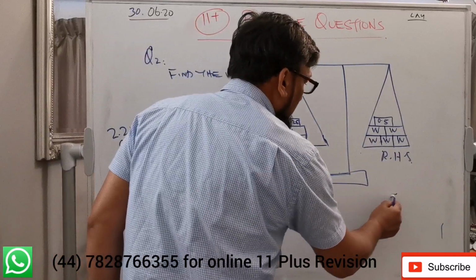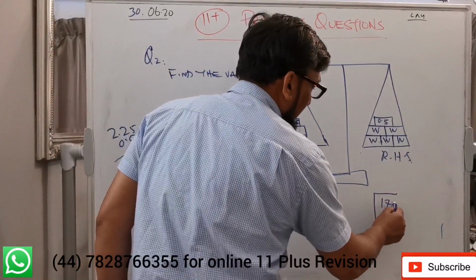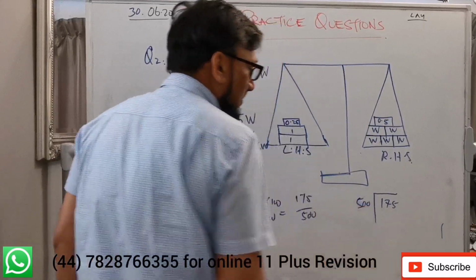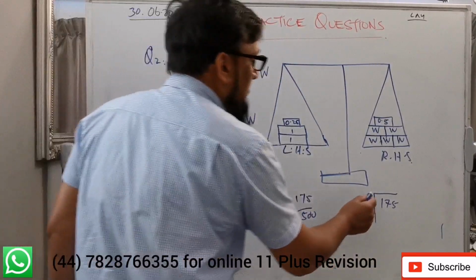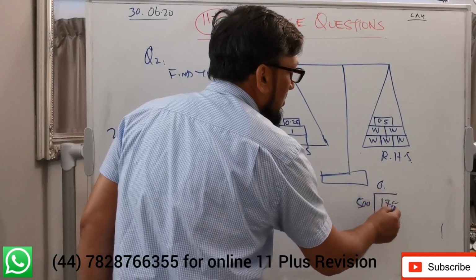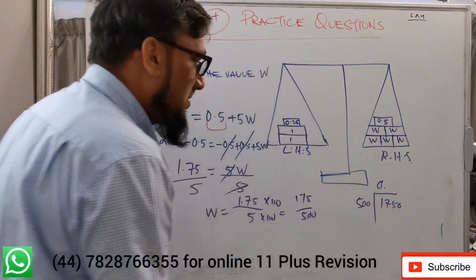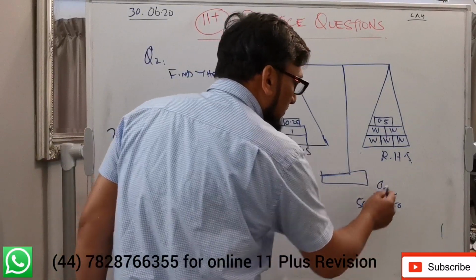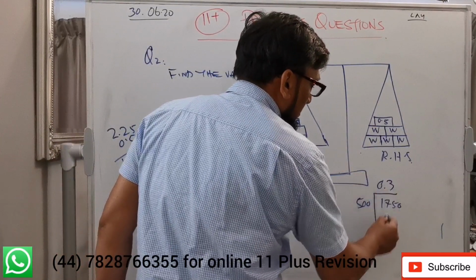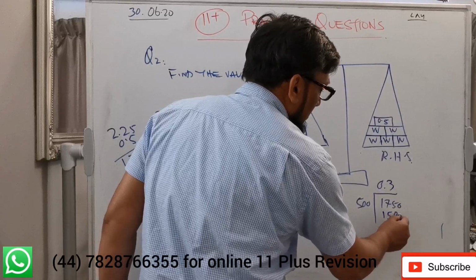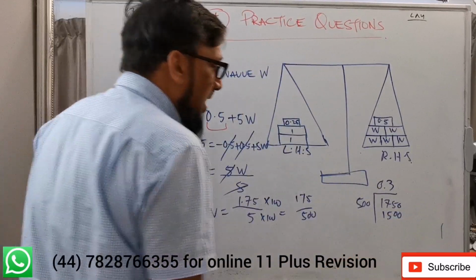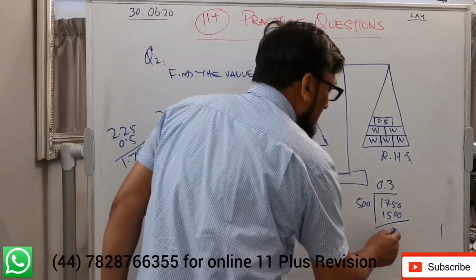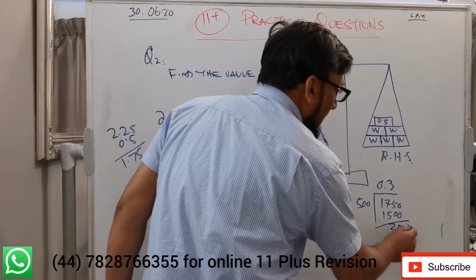So now look at this one, 175 divided by 500. I can put the decimal here, 0 point, to increase this 0. And 5 times 3 is 15, which is 1500, and the remainder is 250.